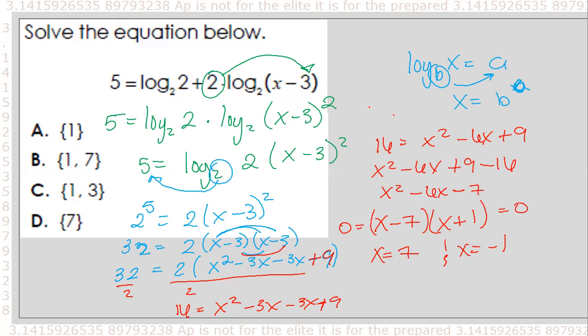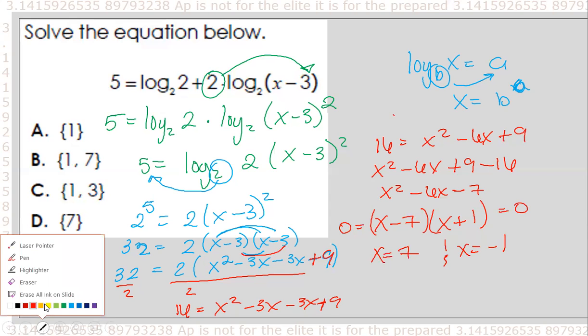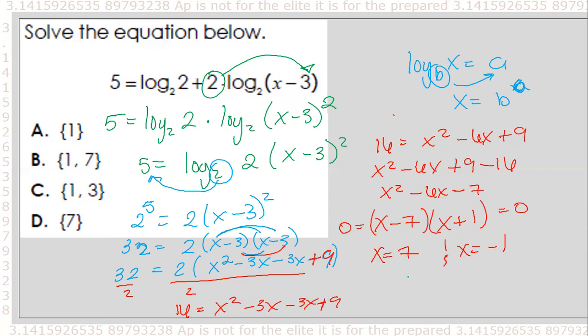However, as much as I want to go ahead and tell you, hey, both of these are answers, only one of them is your actual answer. Keep in mind, we just talked about the domain of a log function. The domain is all the numbers bigger than 0. So where x is greater than 0.